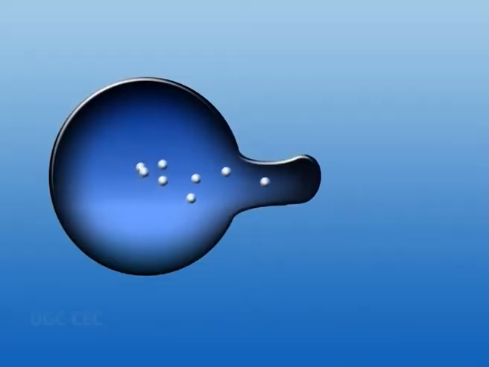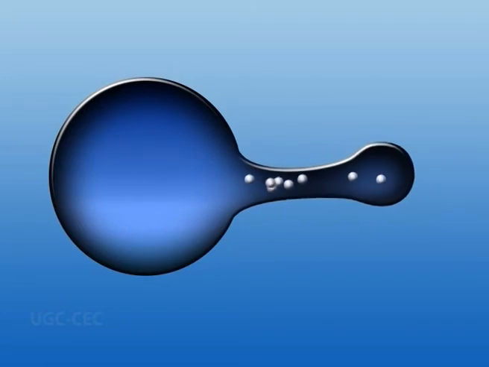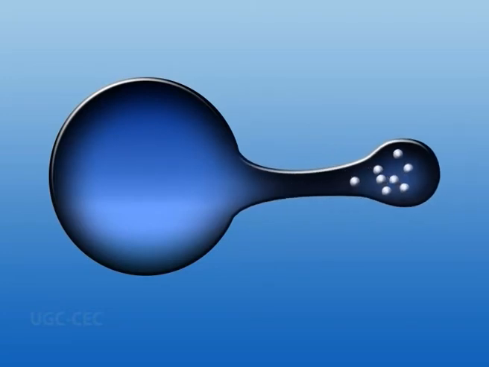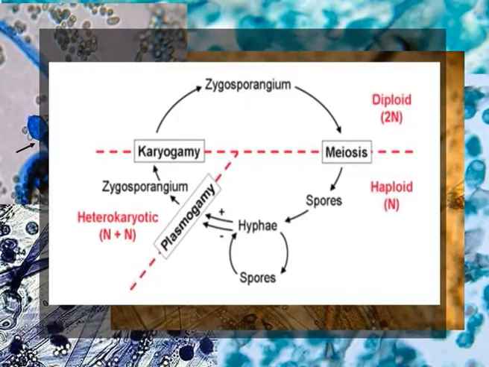Thus, haploid stage is reverted back. All the nuclei in the zygospore migrate to the tip of the germinated zygosporangium. The contents of the zygosporangium differentiate into spores, which in turn germinate to establish a new haploid mycelium. Thus, the life cycle of Mucor is haplontic.